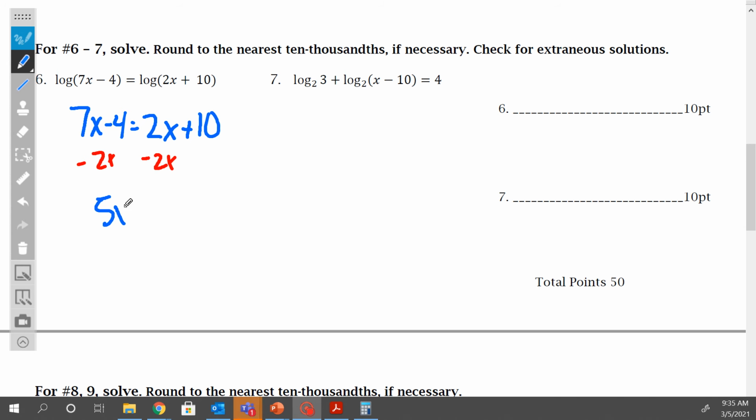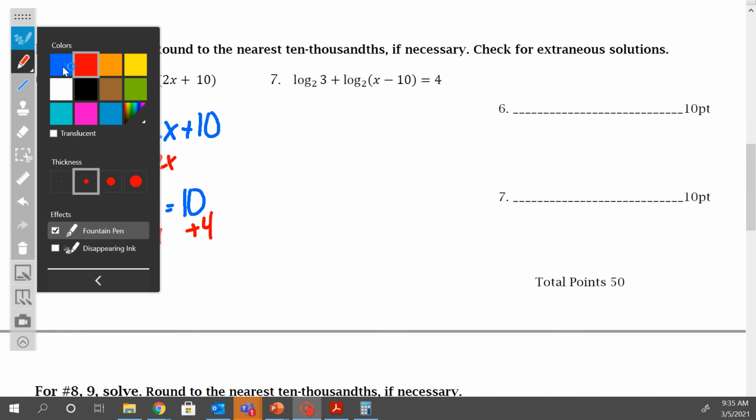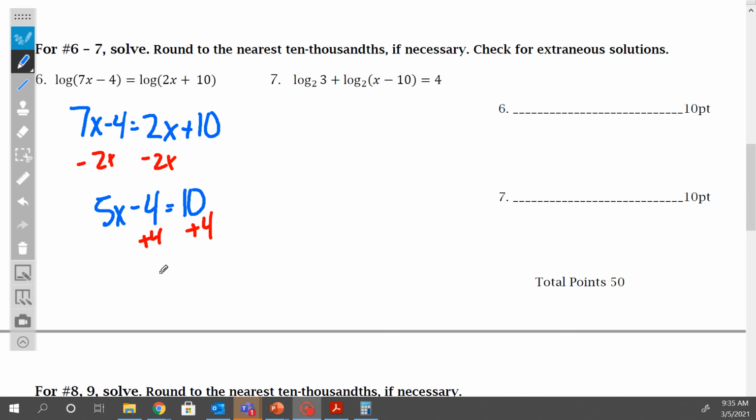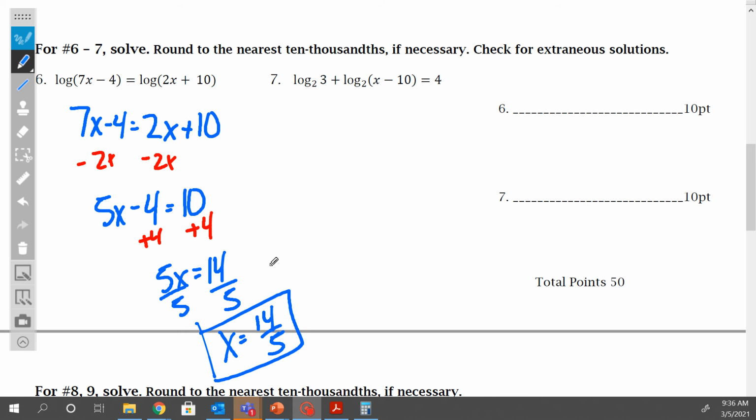And we get 5x minus 4 equals 10. We'll add 4. 5x is equal to 14. Divide by 5. X is equal to 14 over 5. And that would be our solution to number 6.